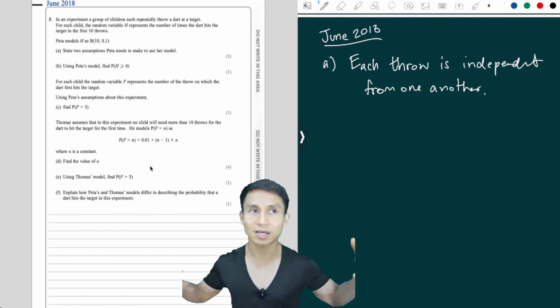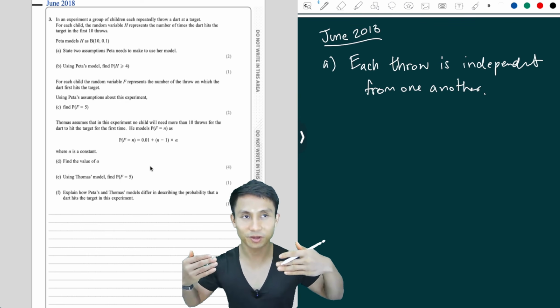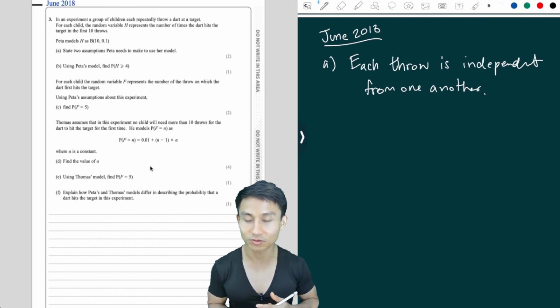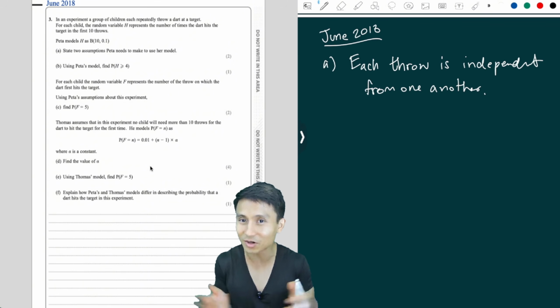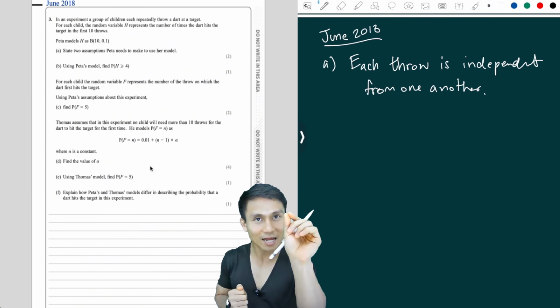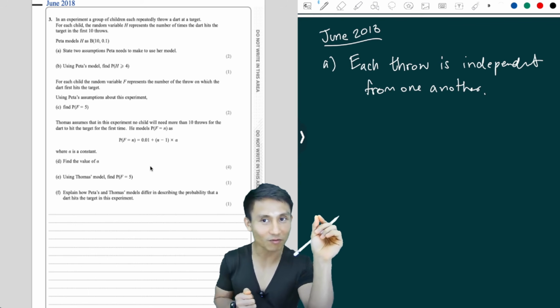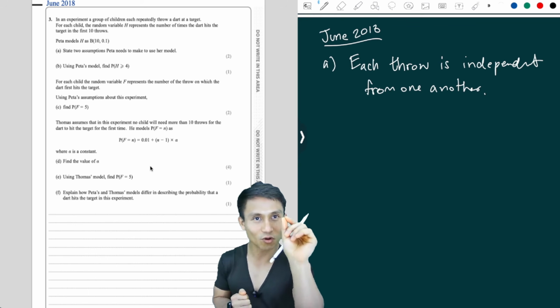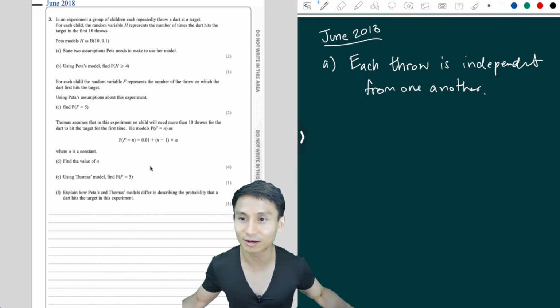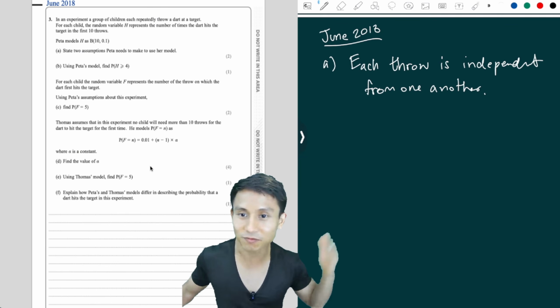That is to say that the current throw is not going to affect the next throw. In reality, they might. When you throw the first dart and it's a little off the target, the next throw you might do better, maybe, if you are professional enough, and other factors too.